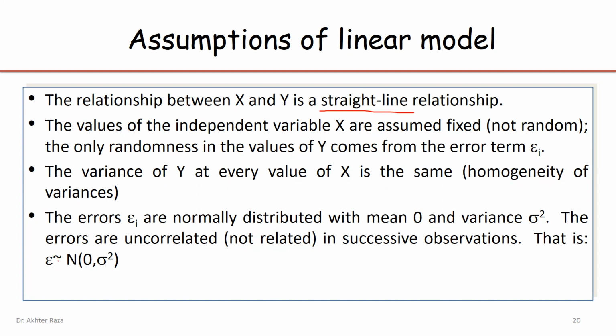So errors are normally distributed with zero mean and variance sigma square. Errors follow normal distribution with the mean zero and the variance sigma square. This is the important assumption about the error.